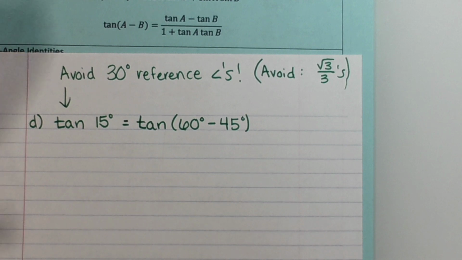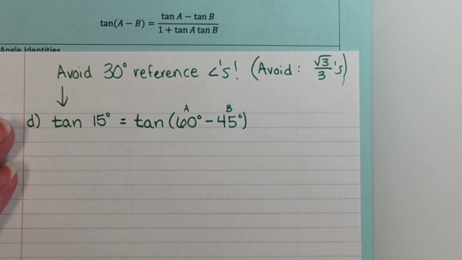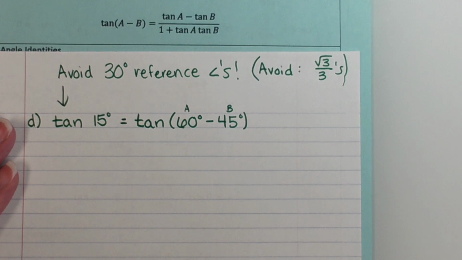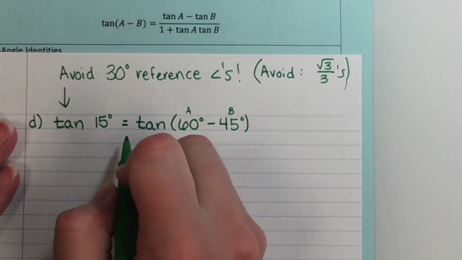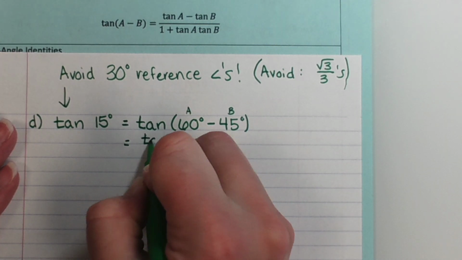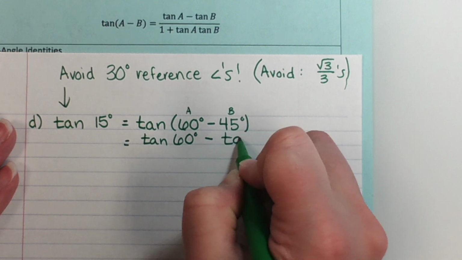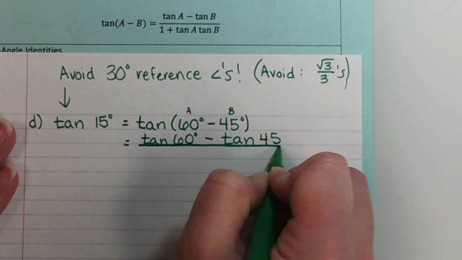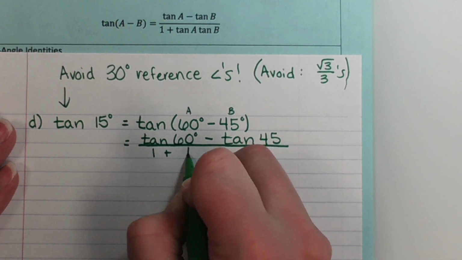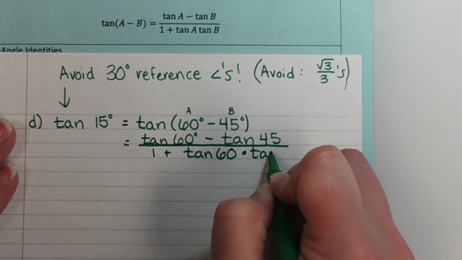That's my identity I'm using. 60 is the A, 45 is the B. Is it 45 or negative 45? 45. The minus is already included. Okay, so this becomes tangent of A, 60, minus tangent of B, tangent of 45, over 1 plus tangent of 60 times tangent of 45.